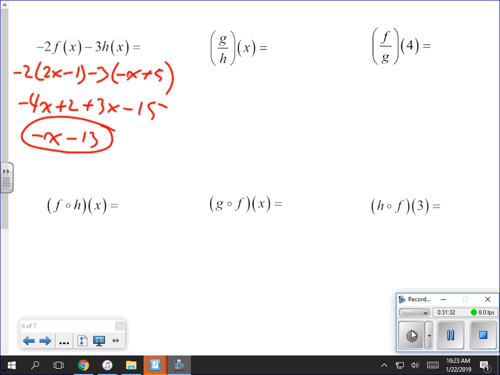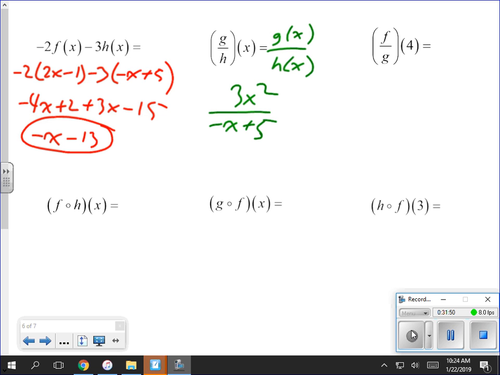Next one, g over h of x is g of x over h of x, which is 3x squared over negative x plus 5. And you can't really do anything to that.